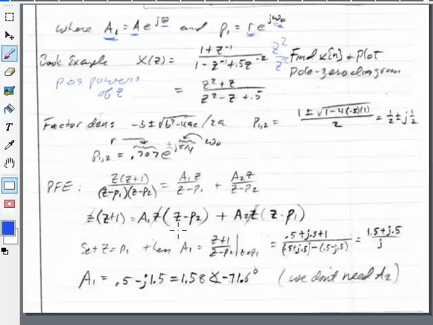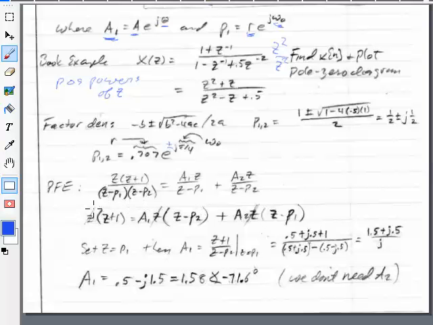Multiply through. On the left side, the only thing left is z times z plus 1. That's the numerator. And on the right side, the z minus P1 cancels in this term, and we get z minus P2 left over. And over here, we get z minus P1, because the z minus P2 cancels when we multiply across.